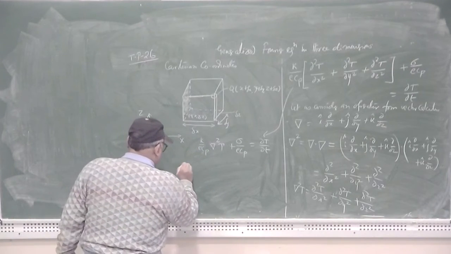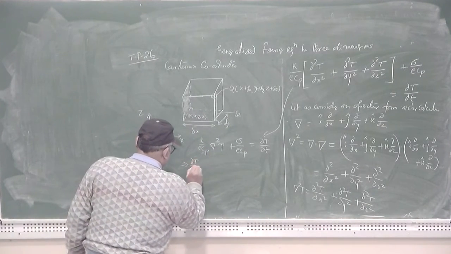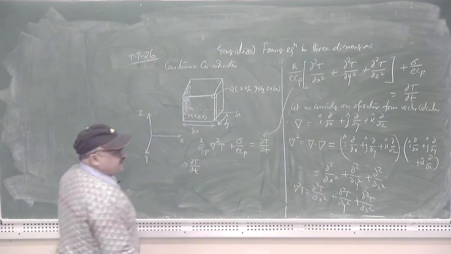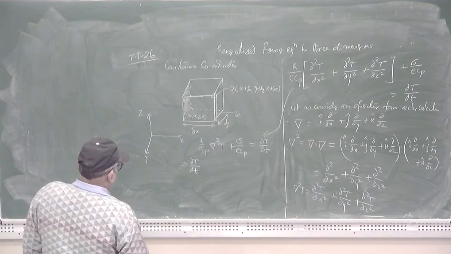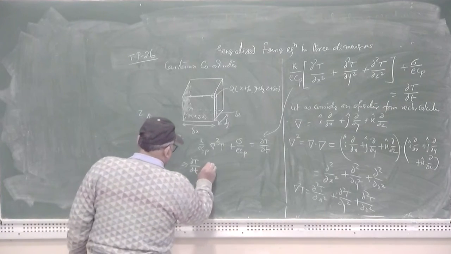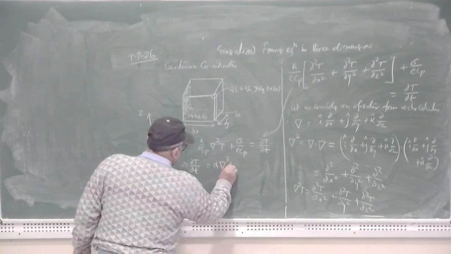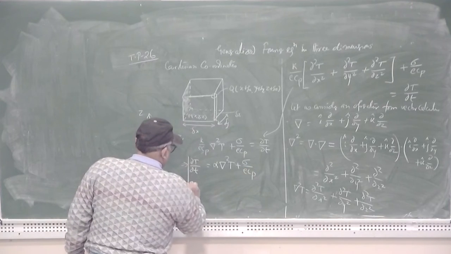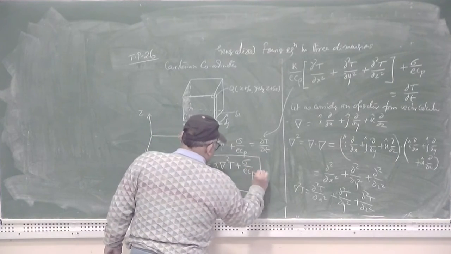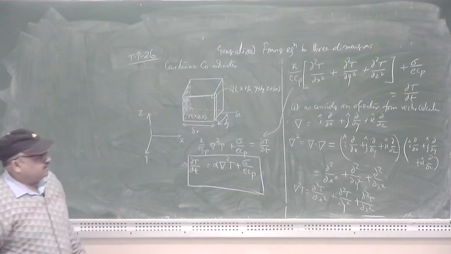Or we can write the Fourier equation in the Cartesian coordinate system, ∂T/∂t, that should be equal to alpha del square T plus sigma by rho Cp. This is the generalized heat conduction equation in 3 dimensions.